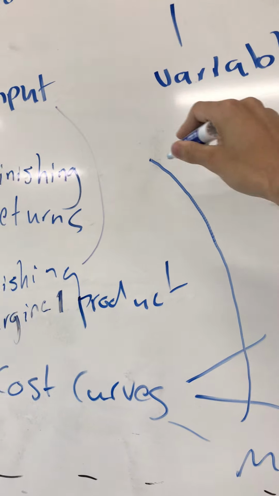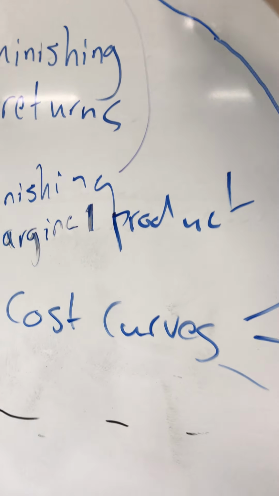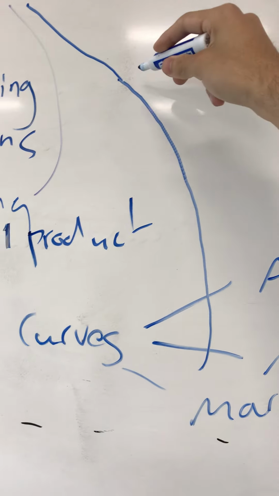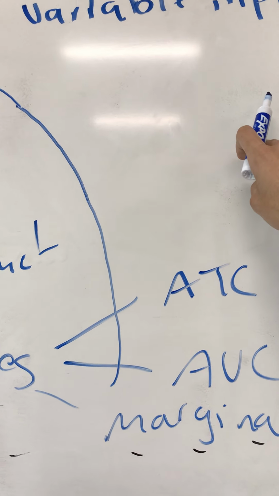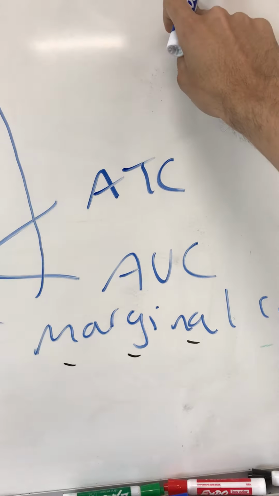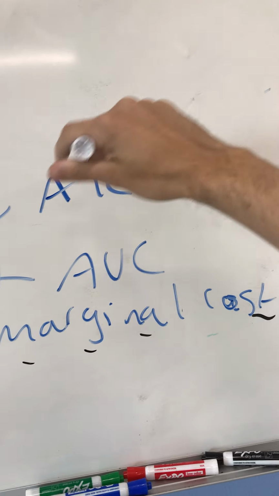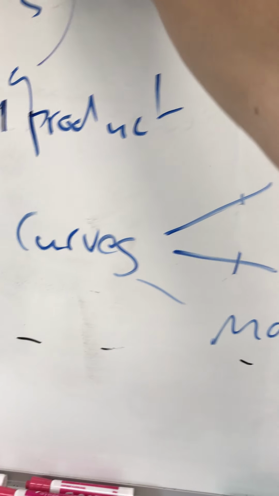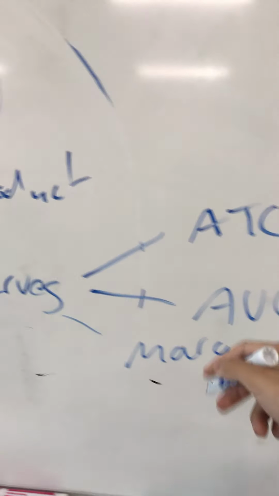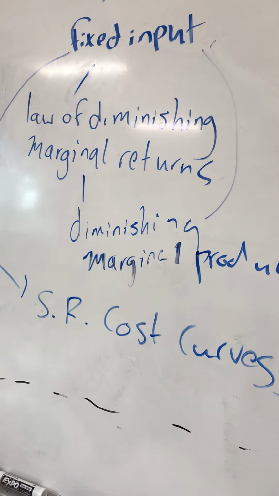Very impressive. Then I'm actually going to link the marginal cost to a fixed input. I don't know necessarily. That's kind of tenuous, but you could tell a story, right? You can draw a link between marginal cost and maybe diminishing marginal returns or diminishing marginal product.